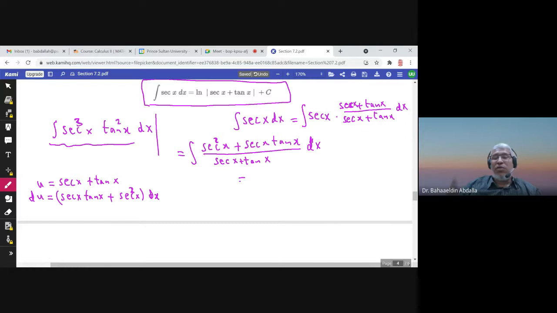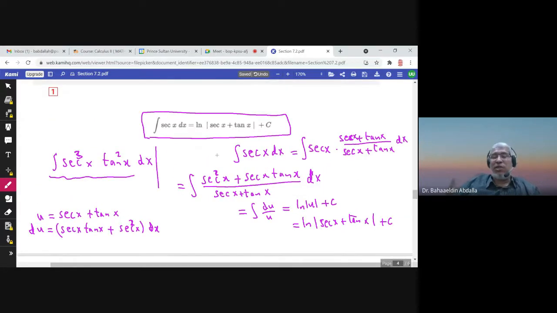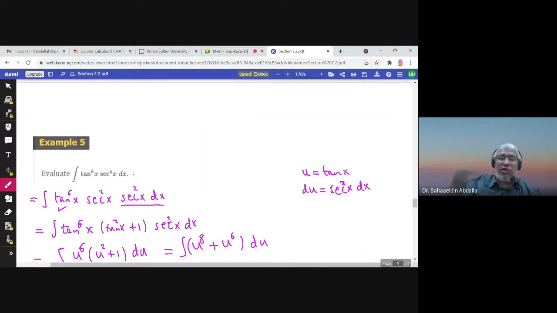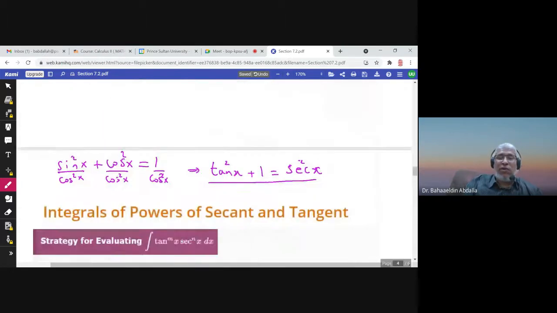So this integral is all of this du over u. So the answer is ln u plus c, and u is secant plus tan. So the integral of secant is ln absolute value of secant plus tan. You can just memorize it and use it whenever you need it.